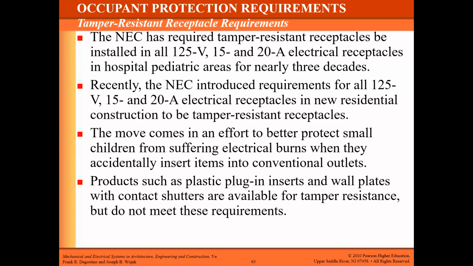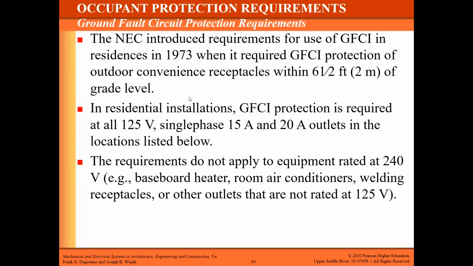So ground fault circuit interruption protection was introduced in '73 for all outdoor outlets that are within 6.5 feet of the ground. And that made sense because it'd be pretty easy in a rainstorm to electrocute yourself. So we protect against that: the GFCI device constantly monitors the amount of electricity going out and coming back, and it detects leaks and shuts off if it detects one.